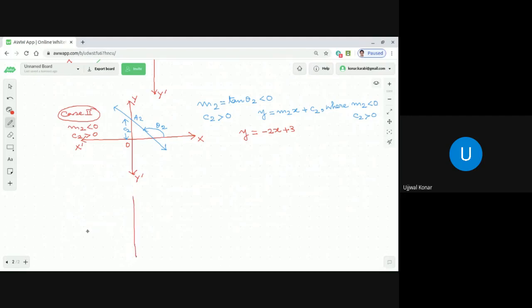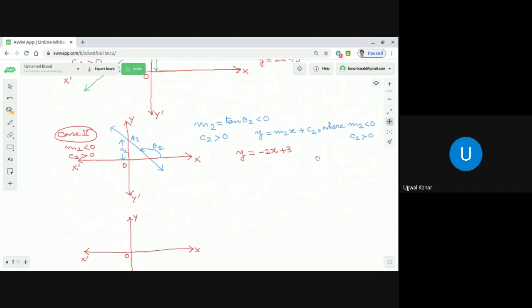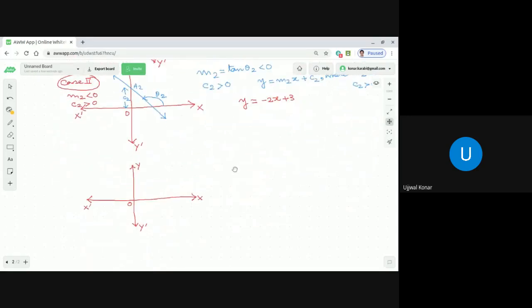So let's first construct the coordinate axis. This is x, O, x dash, y, O, y dash. Now let's use a different color. The first one I used green, now blue, and for this equation let me use another color.